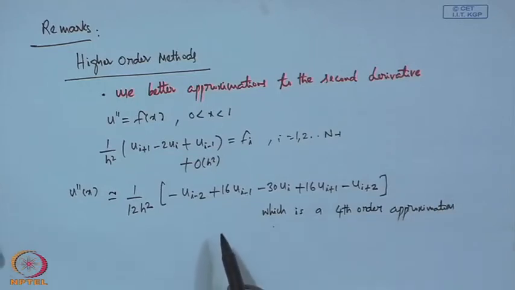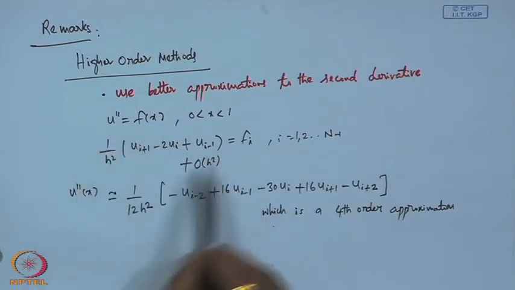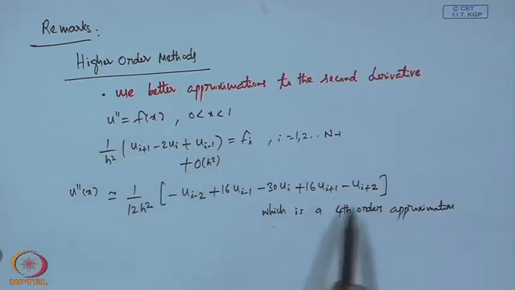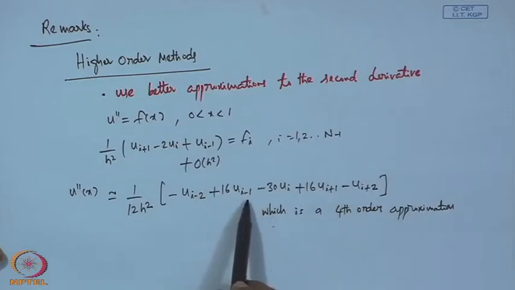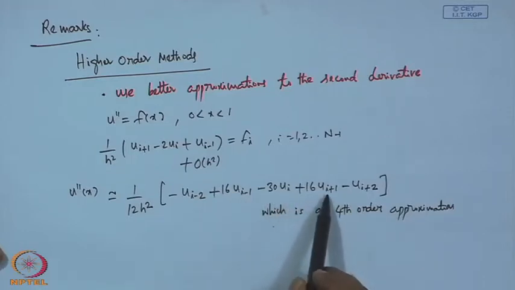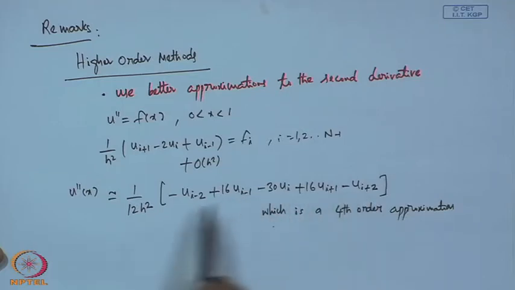Accordingly, if we use this in place of the central difference, you can see we expect more accuracy because it is spread over i minus 1, i plus 1, i plus 2, i minus 2.